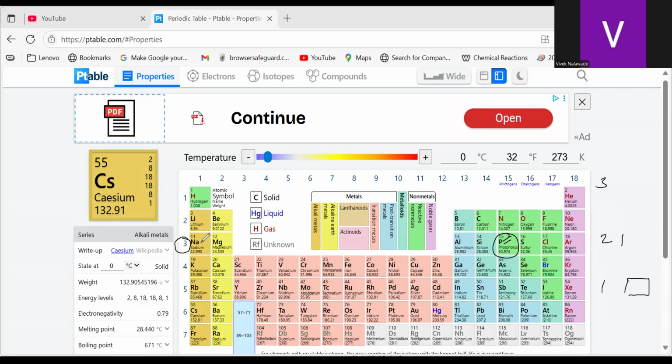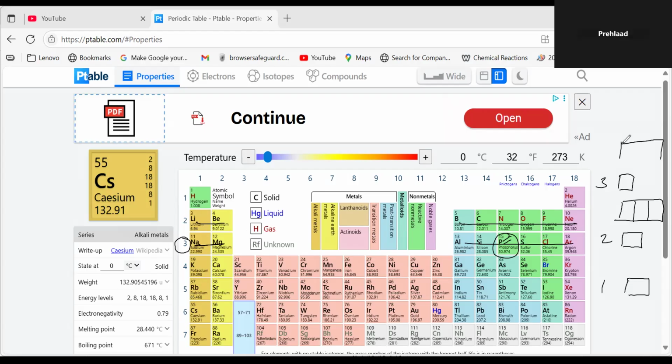When you have 2, that means you have 2s, 2p. When you are in 3, you have 3s, 3p. Correct? So I made the 2s and the 2p. Then I make the 3s and then the 3p.